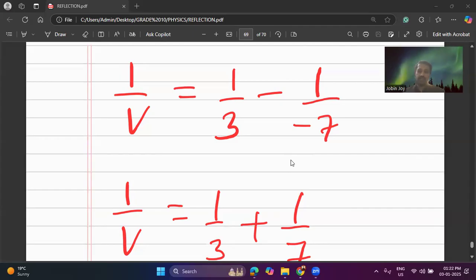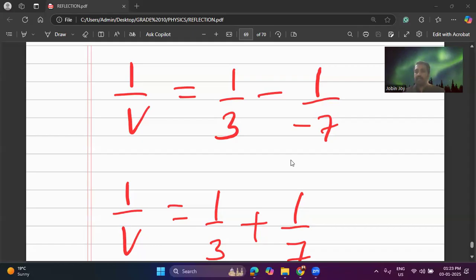There are different cases for concave mirror. First case is the object is at infinity. Second, the object is beyond the center of curvature. Third, the object is at the center of curvature. Next, the object is between the center of curvature and the focal point. Then the object is at the focal point. And the last case is the object is between the focal point and pole.